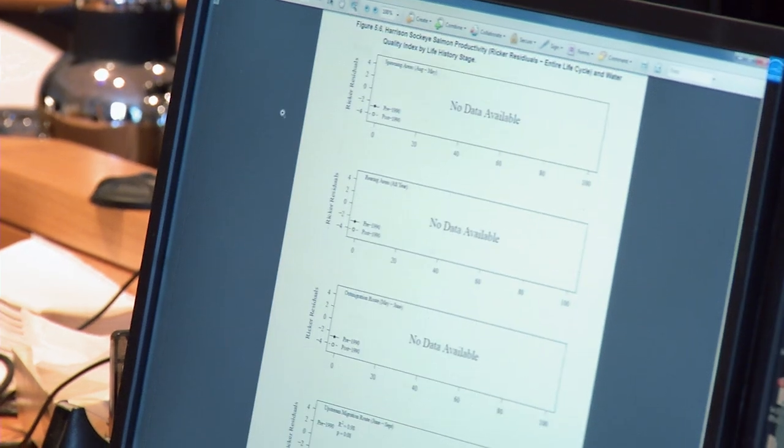So I take it one of the limitations was that you didn't have sufficient data on all of the stocks you were looking at. Correct. And if we look at one that you do have a bit of data on, Weaver, which is 5.7, this shows a bit more of a relationship. Can you explain what you see, not in the early phases, but in the out migration and upstream migration phases, where you have a bit more data?